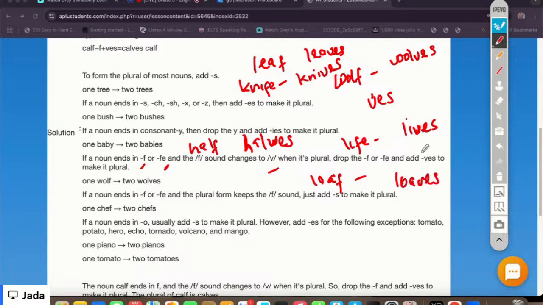So these are some of the words that have the F sound, but once they're in plural, they change to VES. Yeah, calves, right? So we have calf, and then it becomes what? Calves. Okay. All right.